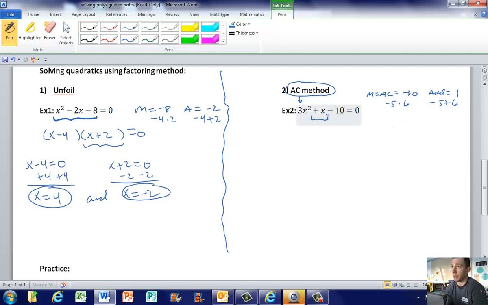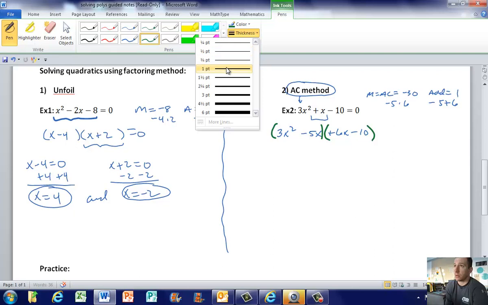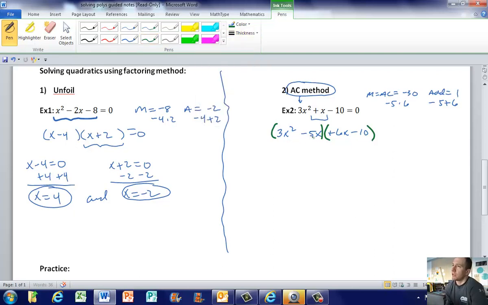So remember, we break this middle term up, so we have 3x squared minus 5x plus 6x minus 10. Once we do that, don't forget, we group the first two and the last two terms. What's the GCF here? The GCF here is x times, when I divide by x, 3x minus 5.